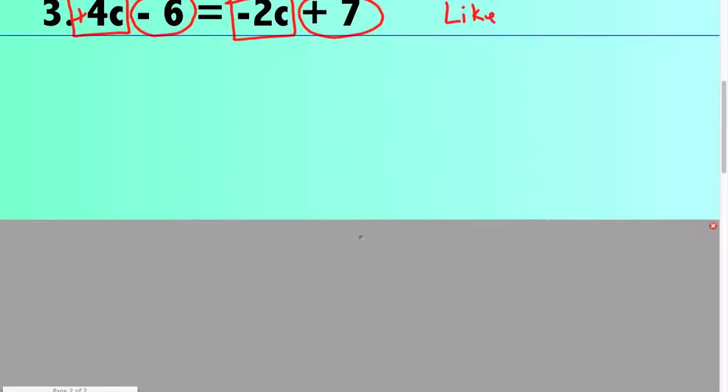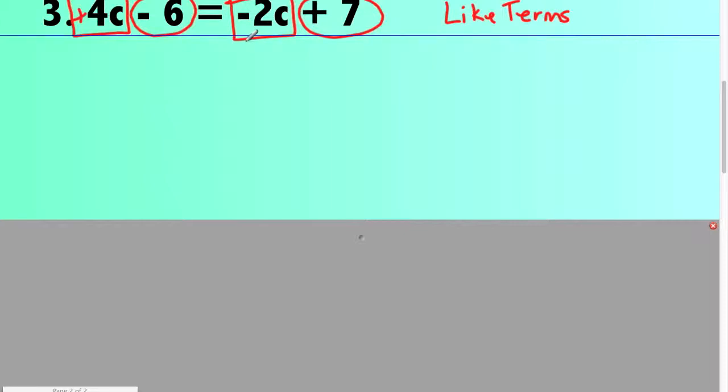Like terms. Get used to that phrase. All right, so we're going to combine anything that has boxes with boxes and anything that has circles with circles. All right, so first thing I like to do, and I was talking to you guys in class about this today, you don't really want to have a negative variable in the end.